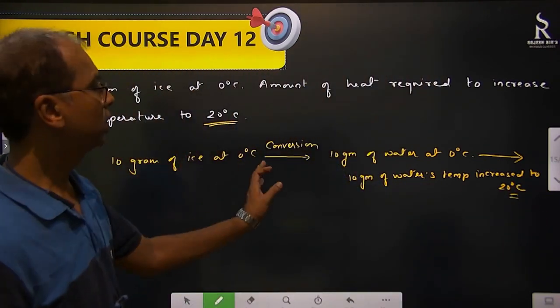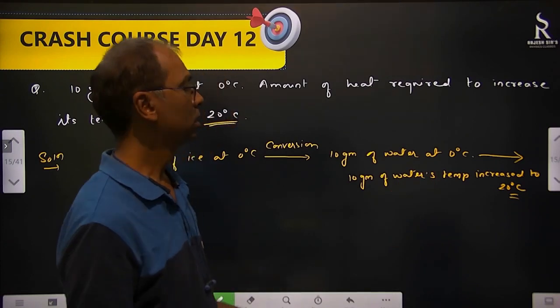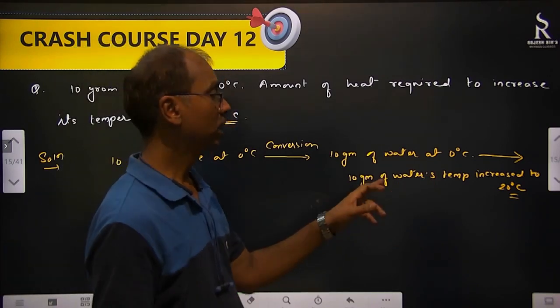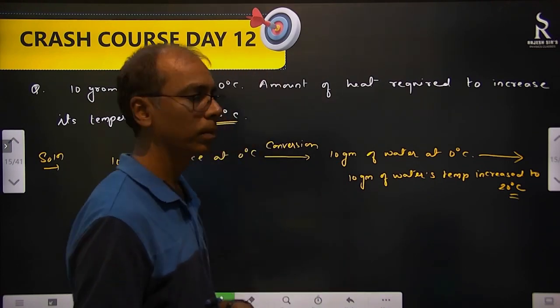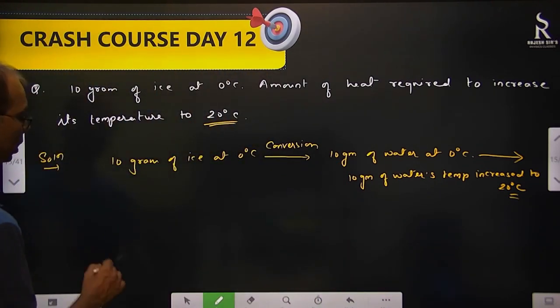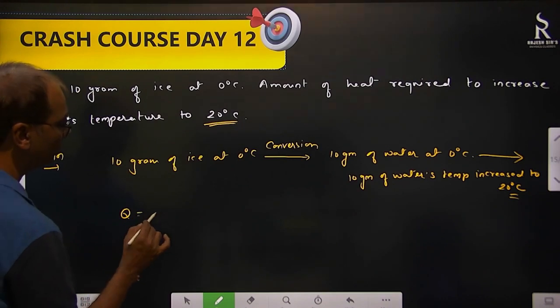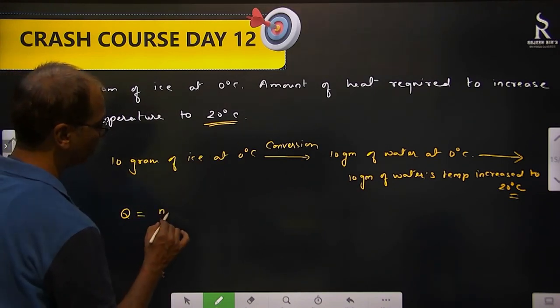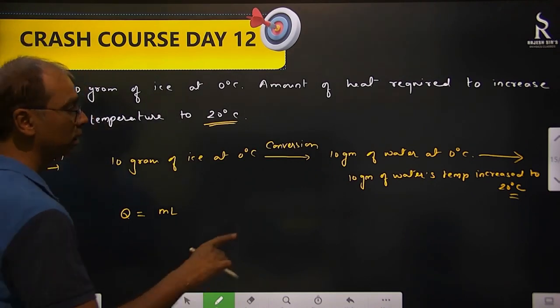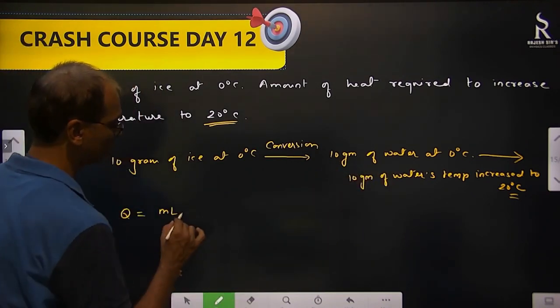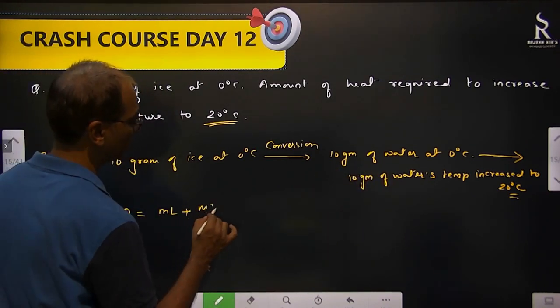First, you are converting ice into water at 0 degree centigrade, and then you are increasing its temperature to 20. So, two steps we should write. Okay, so what is the amount of heat given? First, for conversion, that is M into L, latent heat. Then, you are increasing the temperature of water, that is MC delta T.